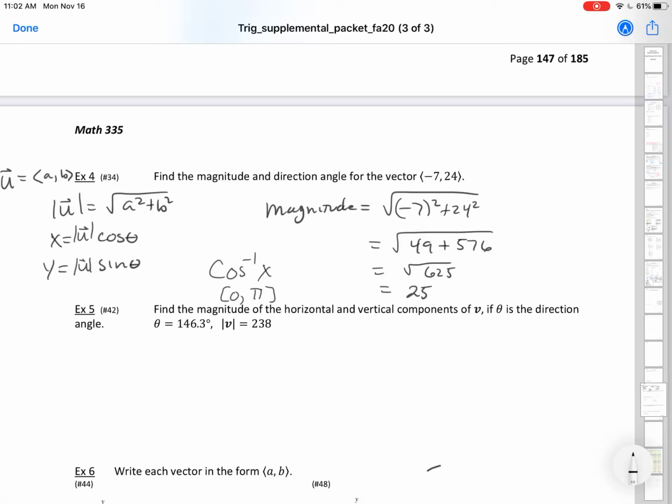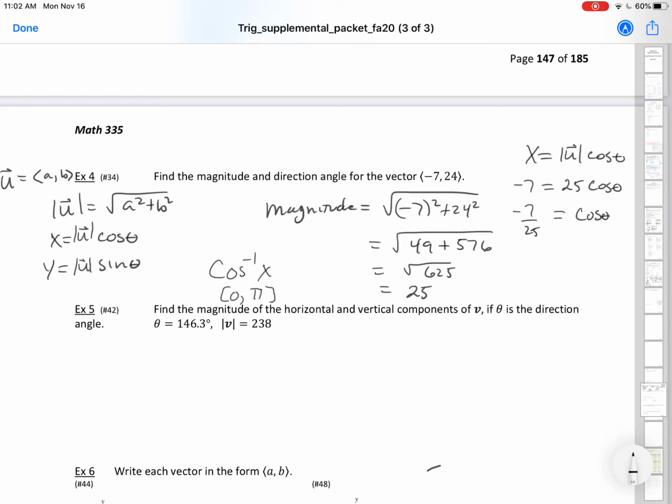So as we go to get the direction angle, theoretically you could use either. I like to use cosine. So what do I mean by use cosine? Here's what we know. We know that x is equal to the magnitude of u times cosine of this angle that I'm looking for. Well, we know x, that's -7. We know the magnitude, it's 25 cosine theta. So now we know cosine theta is equal to -7/25.